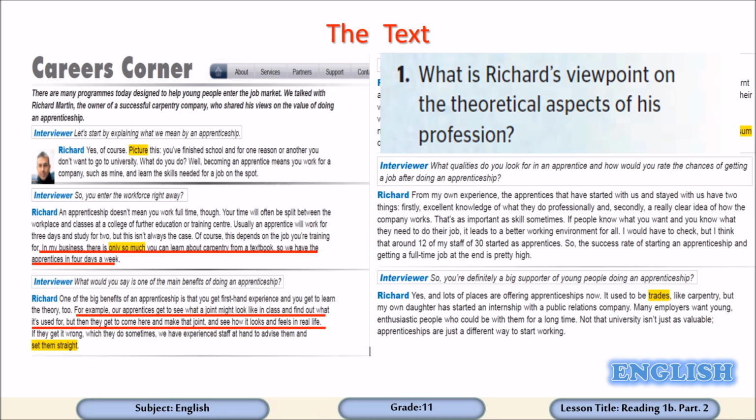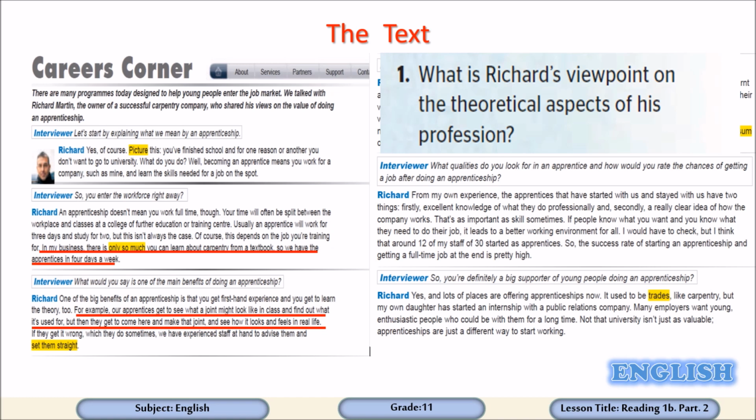For example, our apprentices get to see what a joint might look like in class and find out what it's used for. But then they get to come here and make that joint and see how it looks and feels in real life.